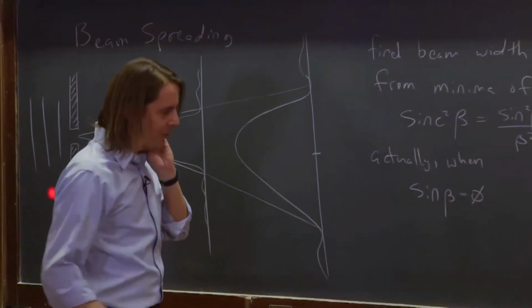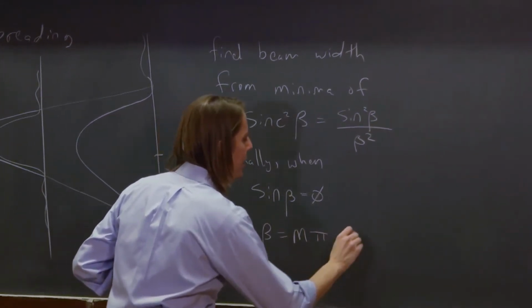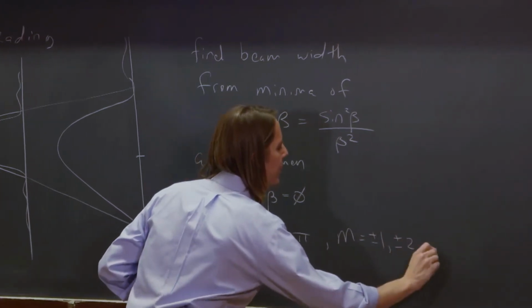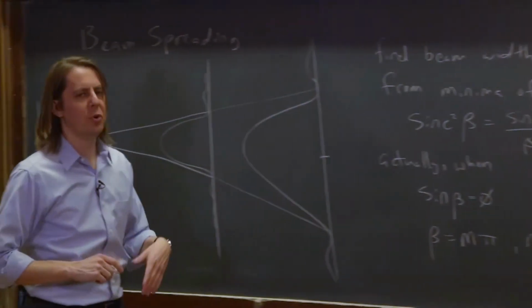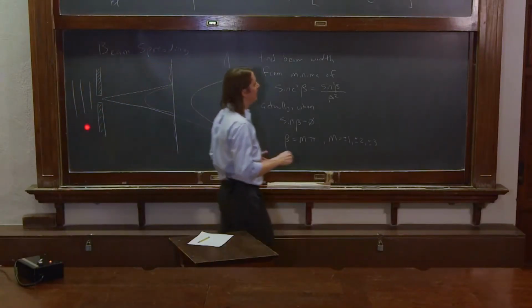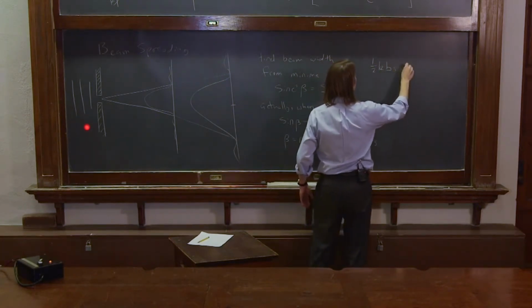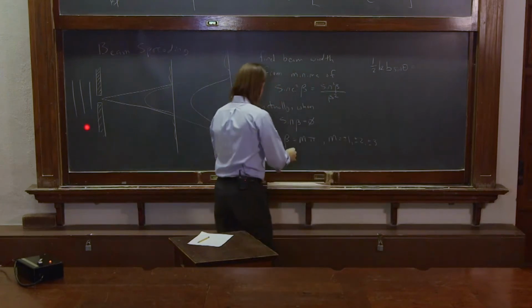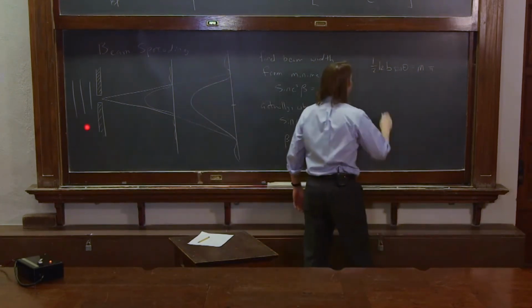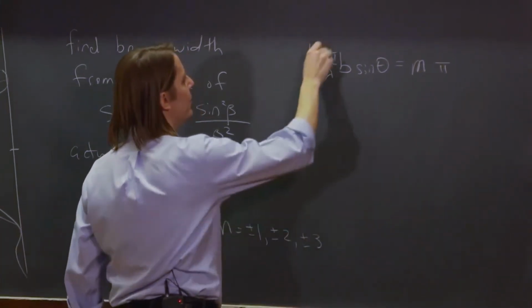So then you get that it's true when beta equals m times pi for m equals plus or minus 1, plus or minus 2, plus or minus 3, etc. It's just a way to avoid m equals 0. And then you say, well, what was beta? It was 1/2 kb sine theta. Well, we're going to have a 0 when that equals m pi. And then you start getting rid of stuff. This k is 2 pi over lambda, so those go away.